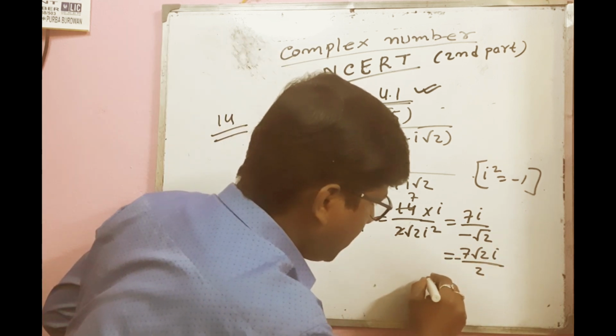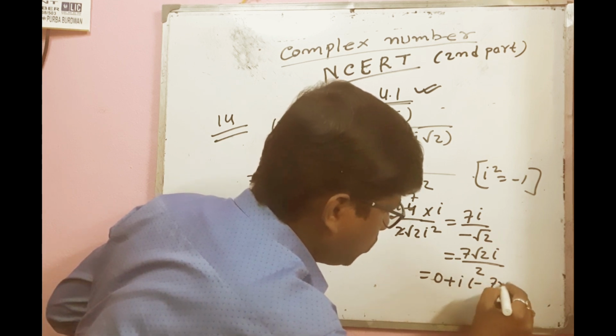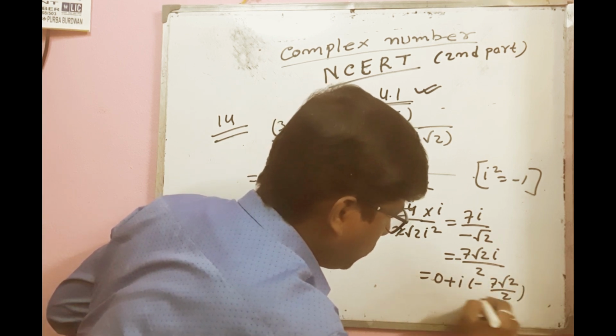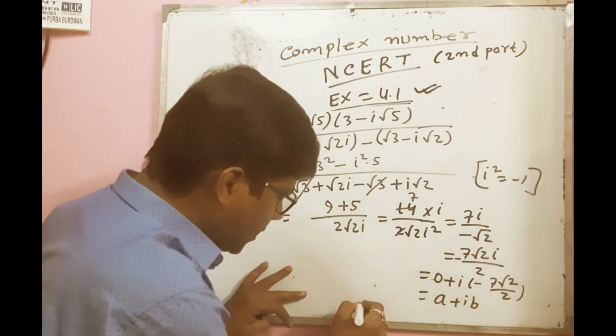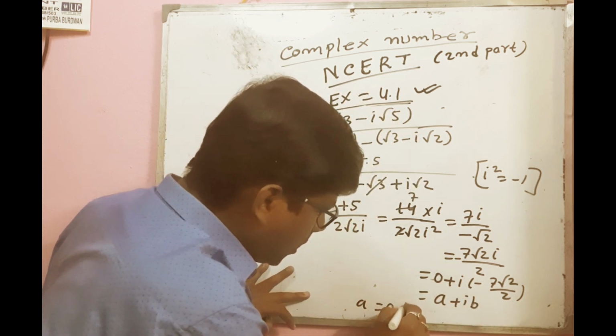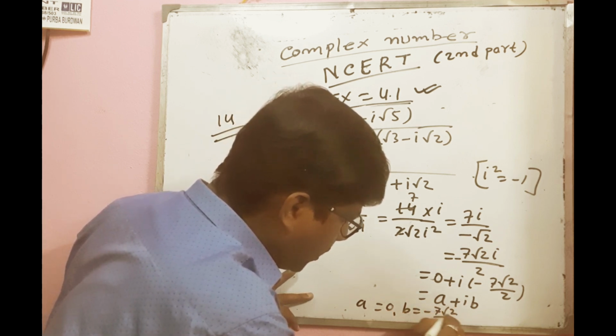Now this is a 0 plus i times of minus 7 root 2 divided by 2, and this is the a plus ib form, whereas a is equal to 0 and b is equal to minus 7 root 2 divided by 2.